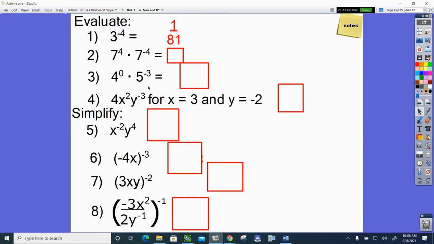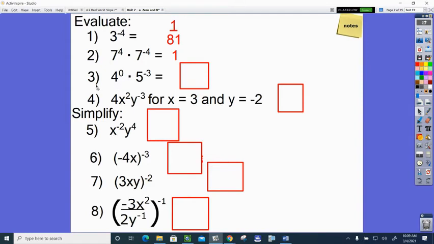Okay, do number 2. In this case, this guy stays, but this one is going to drop to the denominator and become a positive 4 exponent. And you're going to have 7 to the 4th over 7 to the 4th. And anything divided by itself is 1. Well, that's really neat and clean.